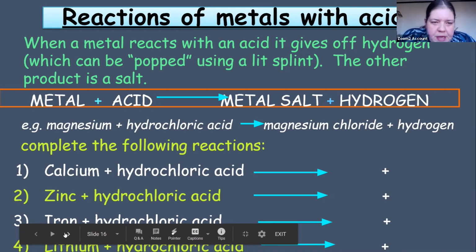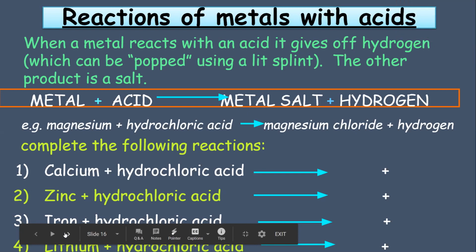Once you've got that a metal plus an acid always makes a salt plus hydrogen, you've got it. It's in your head. It's the same as once you know the alkali and the base both make the salt plus water, you've got it. And then once you know that carbonate with the acid makes carbon dioxide, you've got it. So it is just going to be a case of making sure you know which is which.